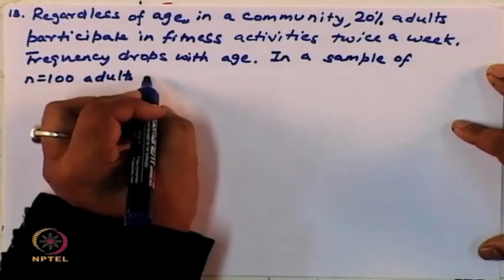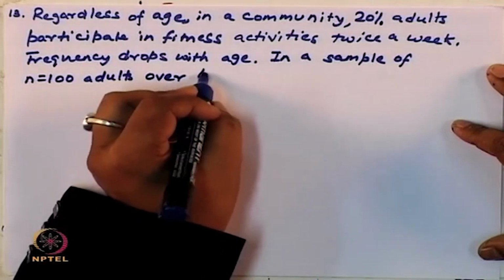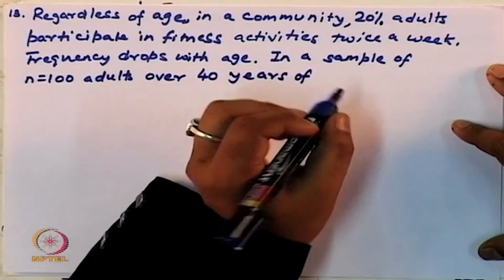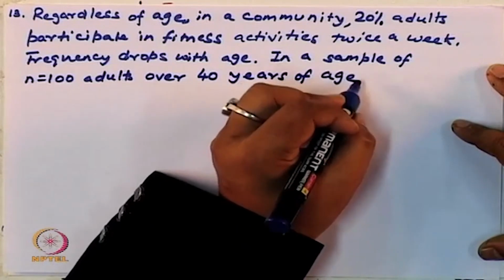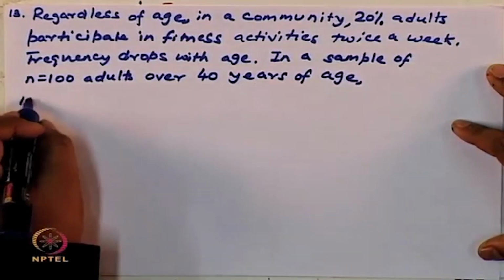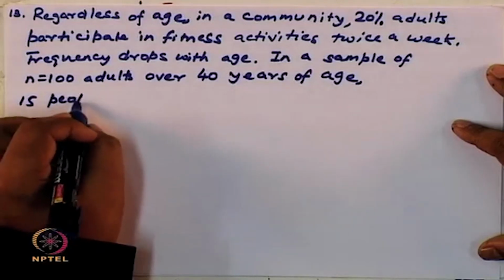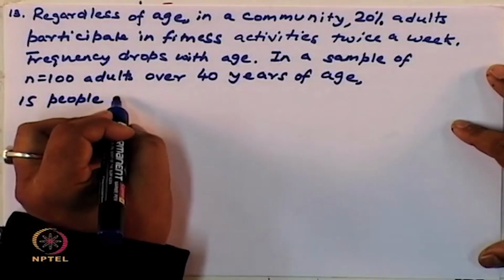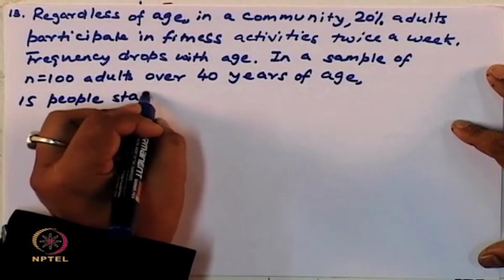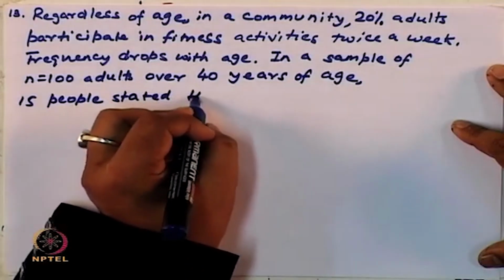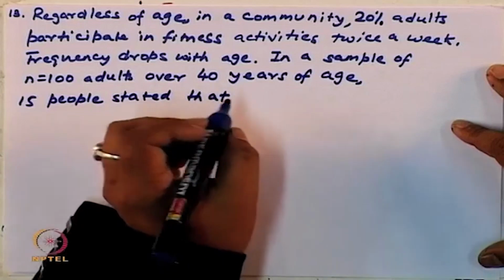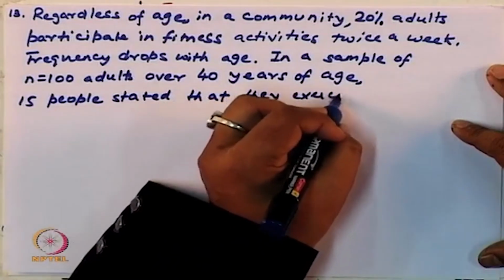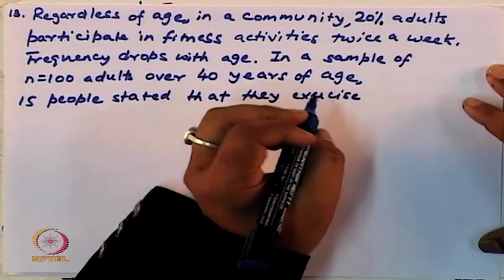So, what you find, adults over 40 years of age, 15 people stated that they exercise at least twice a week.